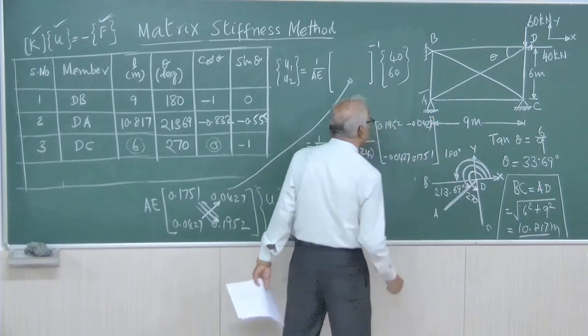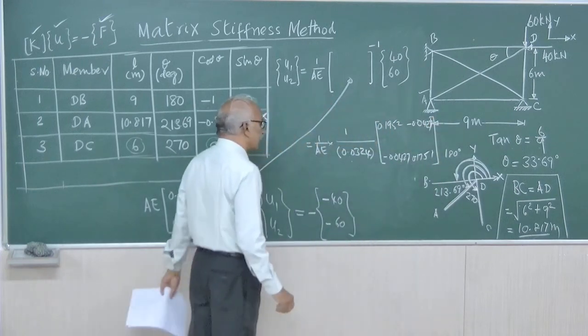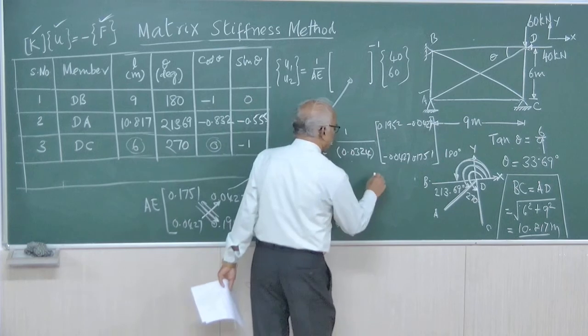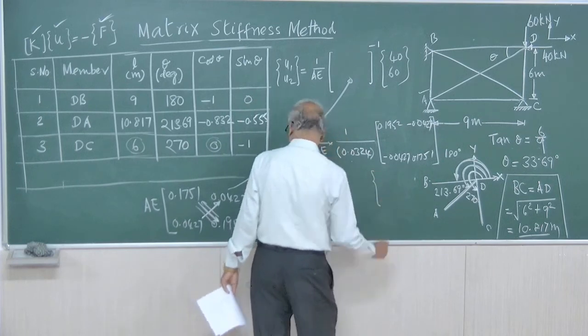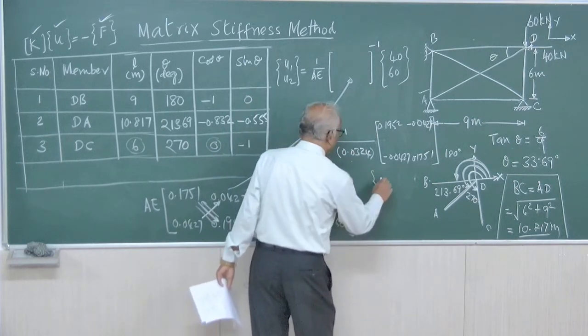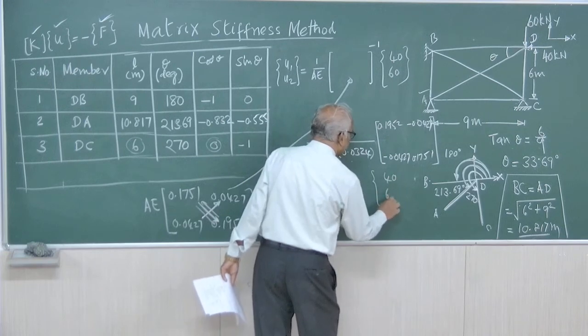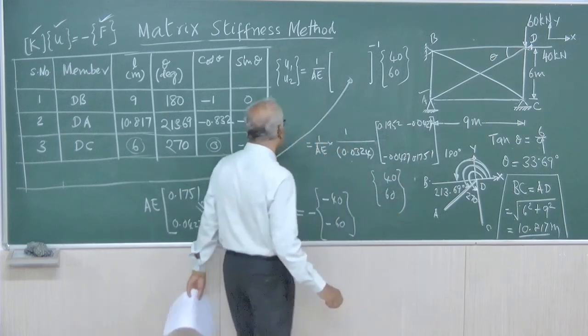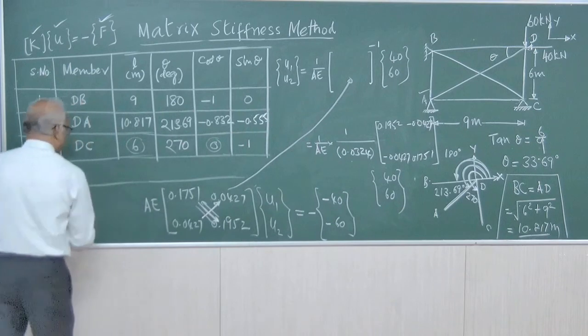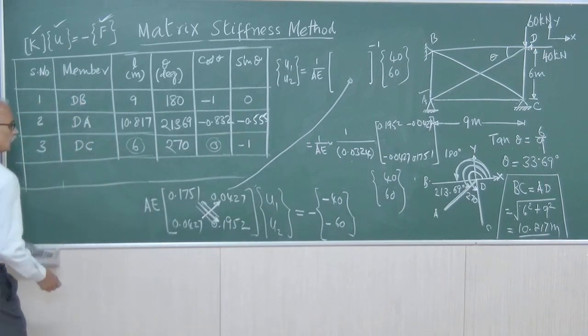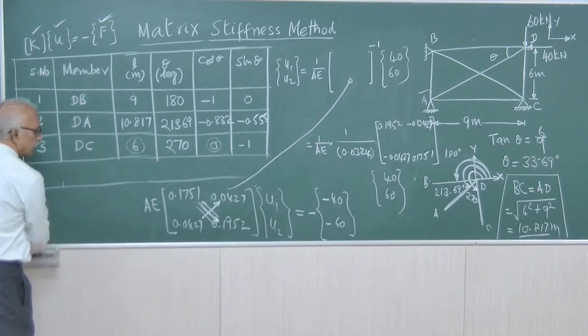I think you will not be able to read very small letters. Anyway, since I am explaining, you can understand, and also this is known to everyone. 40 and 60. And I will give the final values.